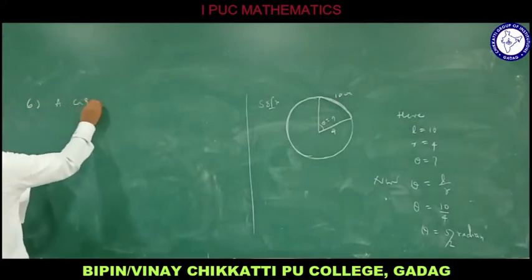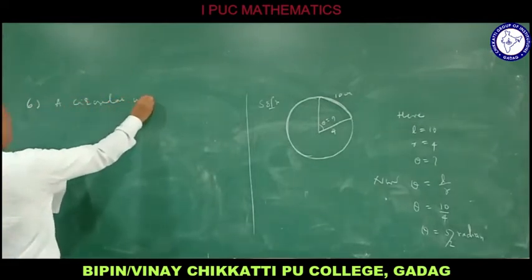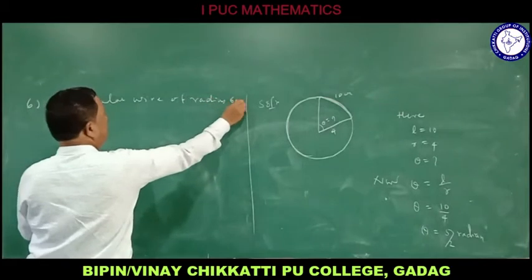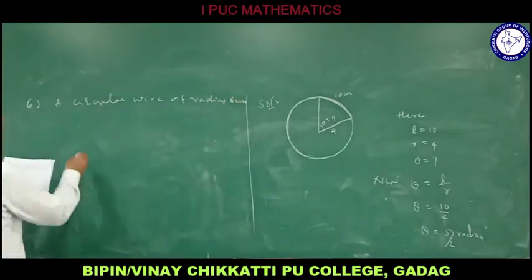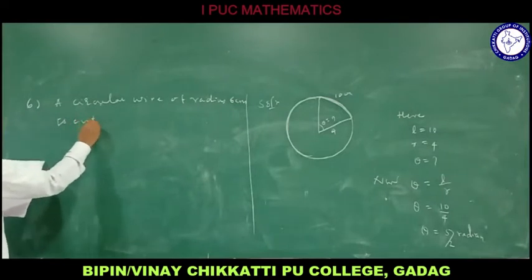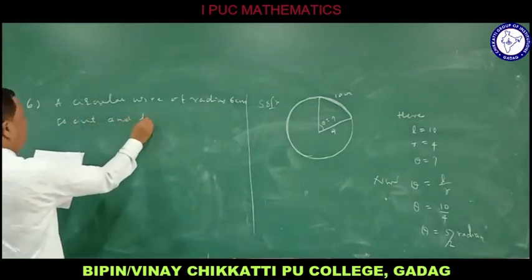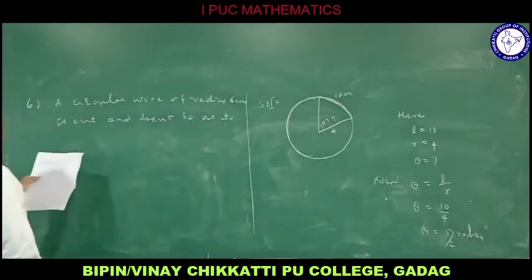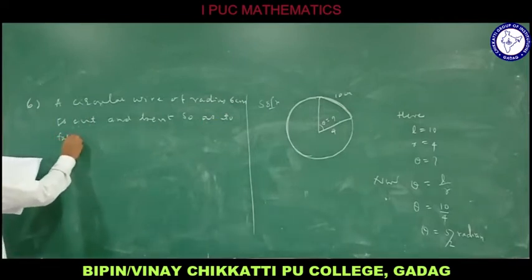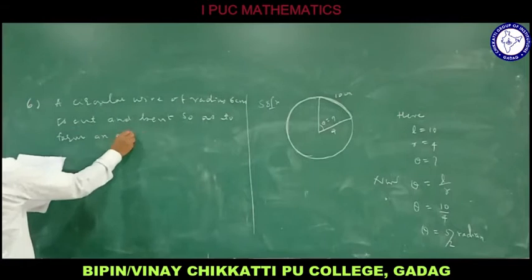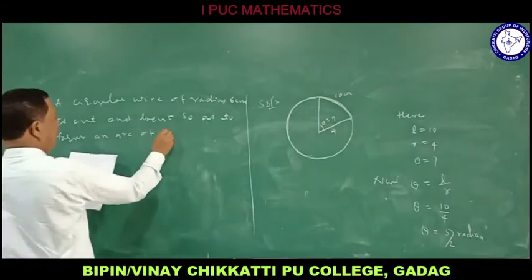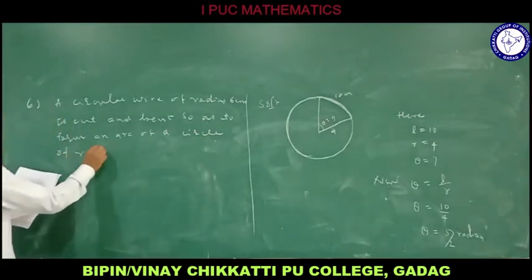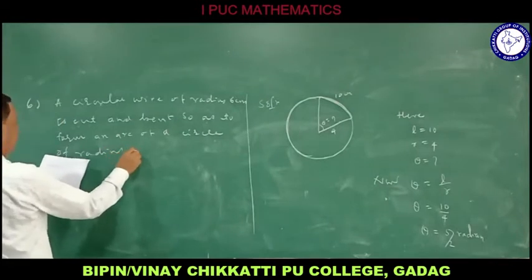A circular wire of radius 6 centimeter is cut and bent so as to form an arc of a circle of radius 48 centimeter.